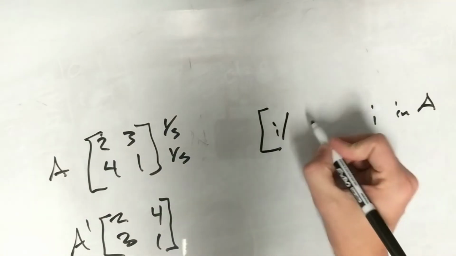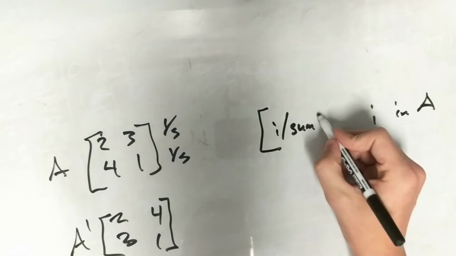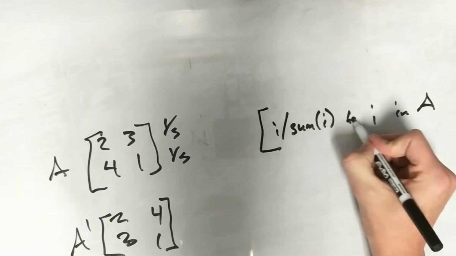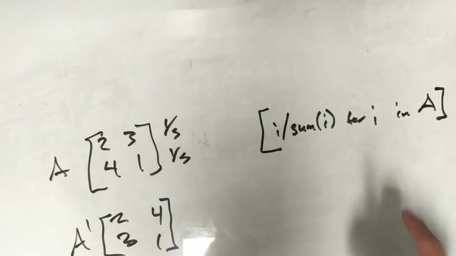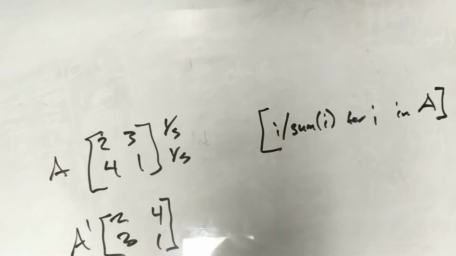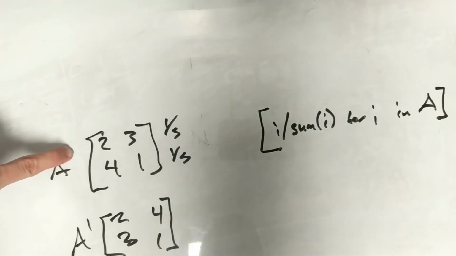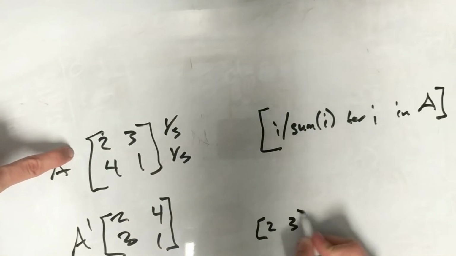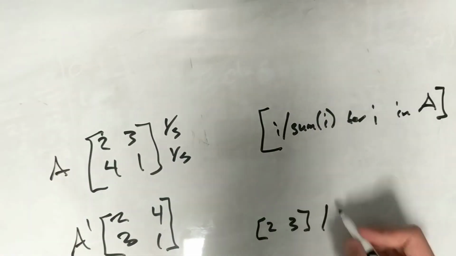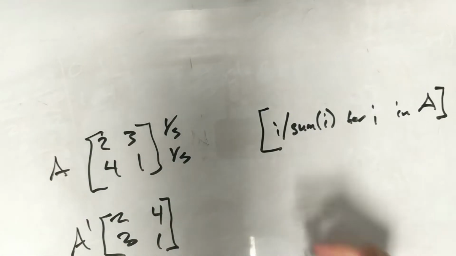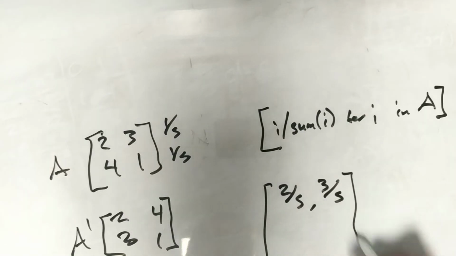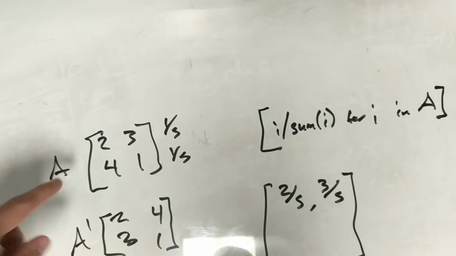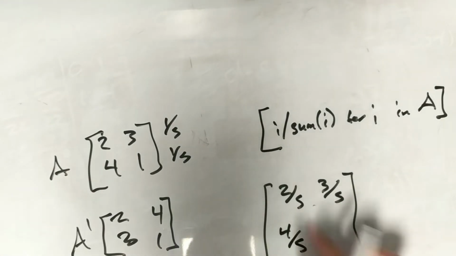Now what I can do is say row divided by sum of row, for row in A. Now what this does is it creates a matrix where the first row, for instance, is going to look at the first thing in A, so this row. And it's going to do that row, 2 and 3, divided by the sum of that row, which is 5. So we get the vector 2/5, 3/5. And that's going to be the first row in my matrix. And then I'll do it for the next row. We get 4/5 and 1/5.